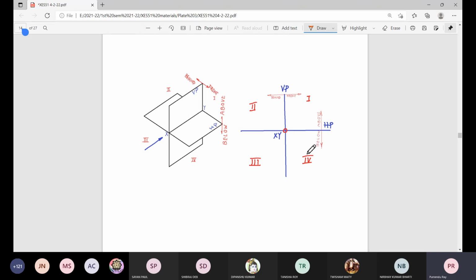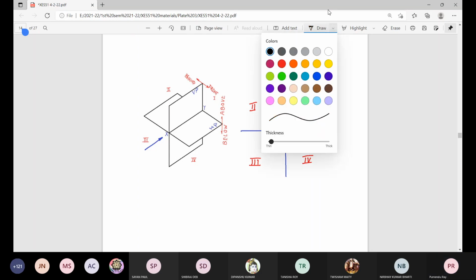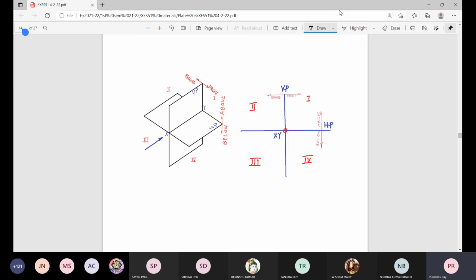And the formality is you have to rotate the planes in this way: this is to be rotated through 90 degrees so that it overlaps on this vertical plane, and similarly this also lifts up in the clockwise sense through 90 degrees and moves to the other side.